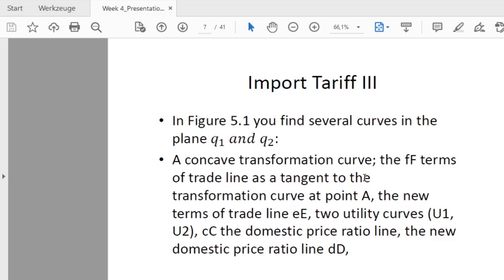You find the domestic price ratio line, CC, lowercase c, uppercase C, and the new domestic price ratio line, lowercase d and uppercase D.